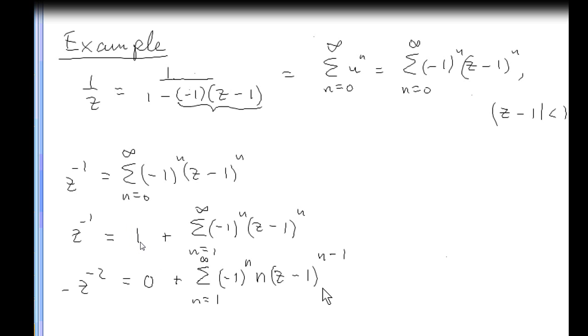This is just a constant, so the derivative of this constant is of course 0, and the derivative of each of these terms, using the same rule as I did for powers of z, is n times z minus 1 to the power of n minus 1. This is the usual formula for the derivative of this function.